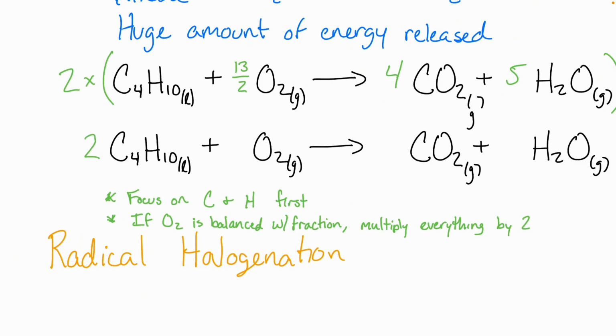So now this is a 2. What's 13 halves times 2? 13. Just 13. A nice, neat whole number, right? So that's why I multiplied by 2, so I could cancel out that fraction. 4 multiplied by 2 becomes 8, and then 5 multiplied by 2 becomes 10. And now I have a nice, balanced chemical equation where all of my coefficients are integers, right? So I'm good.